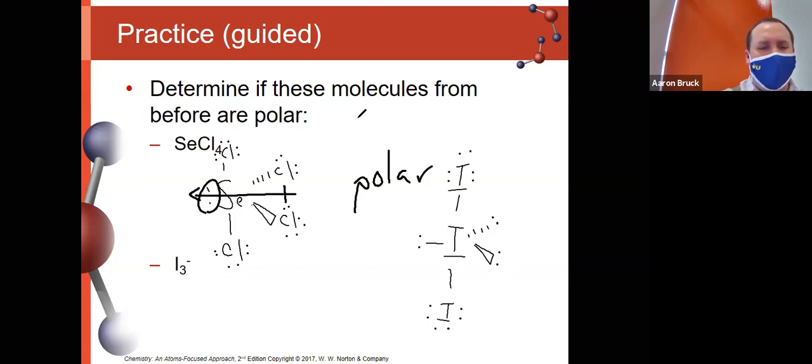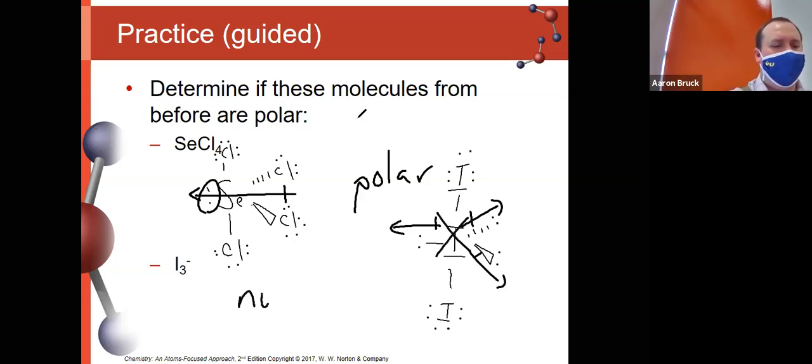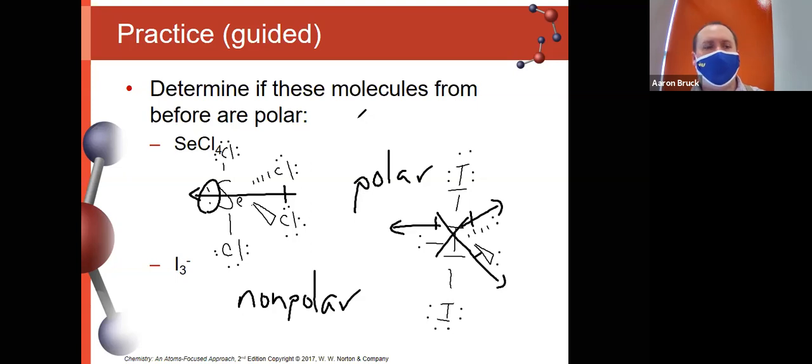Even though we have pools of electrons going in the directions of the lone pairs, since they're all in the same equatorial plane, they're all 120 degrees apart, they all cancel each other out. The triiodide ion is a nonpolar molecule.